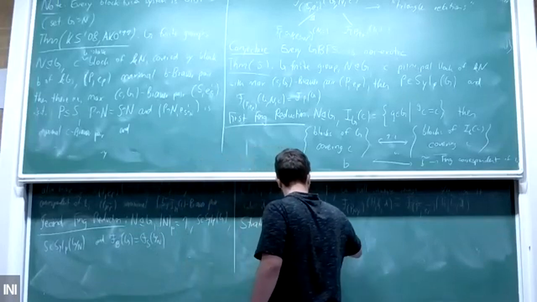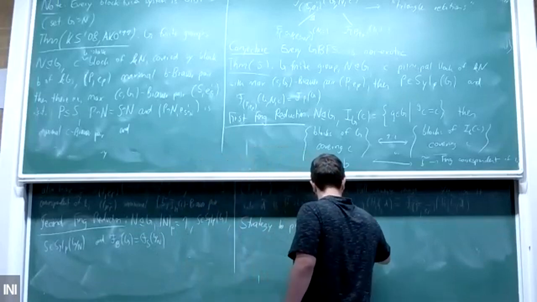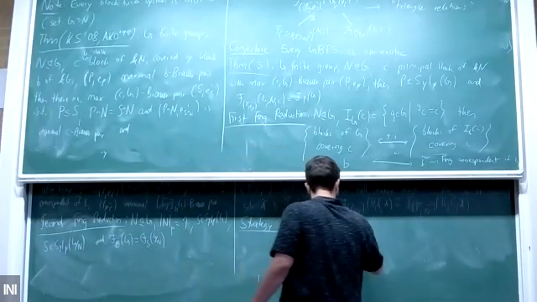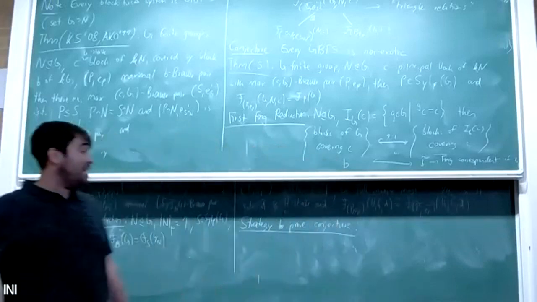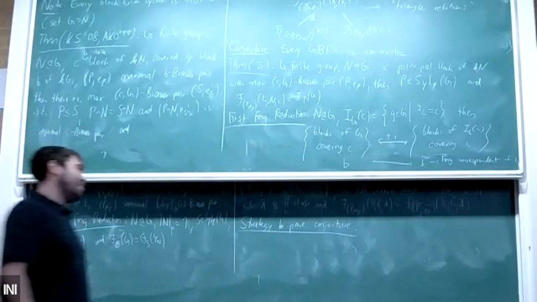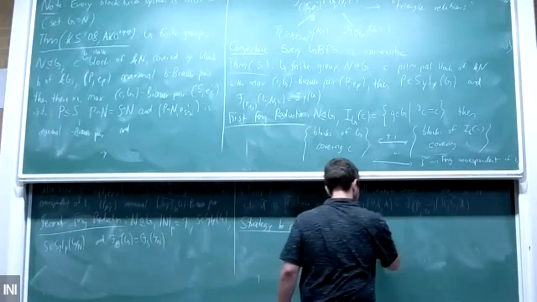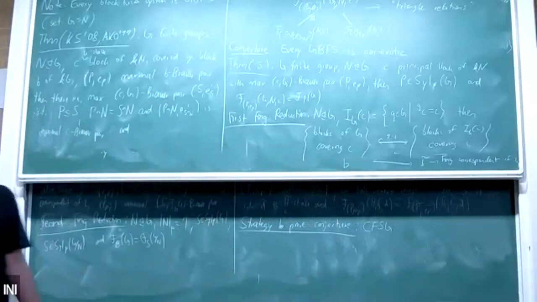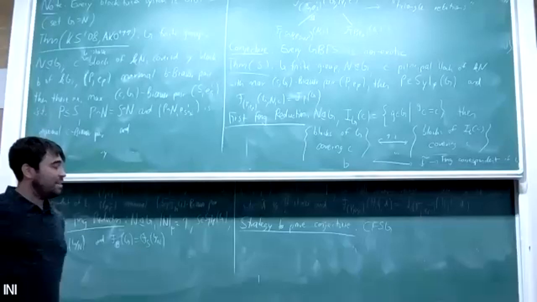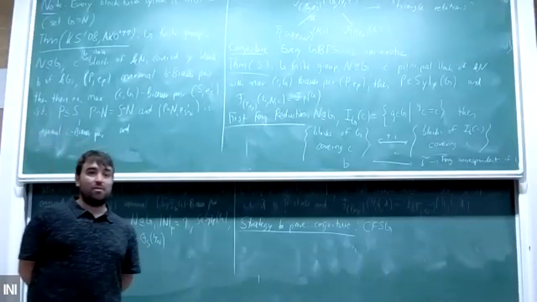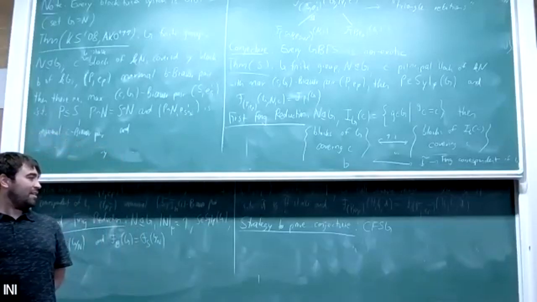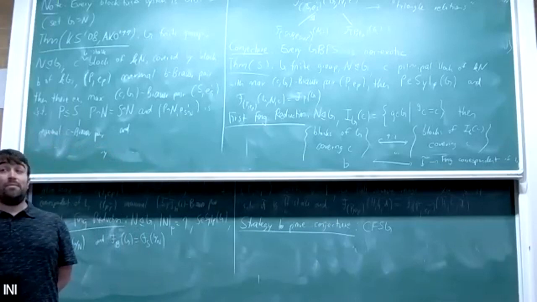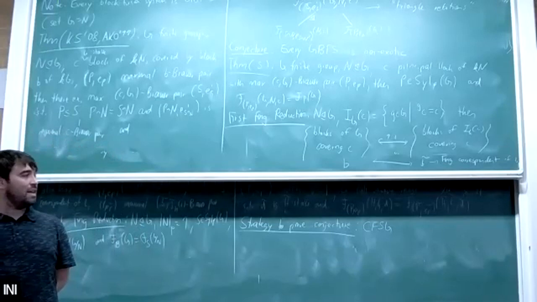So at some point, it's clear that we need to use the classification of finite simple groups and prove that it holds for all blocks of simple groups or quasi-simple groups. And so where are we at? Obviously, if the group is abelian, I don't have to say anything else. If the group is an alternating group or the cover, it's also known to hold.